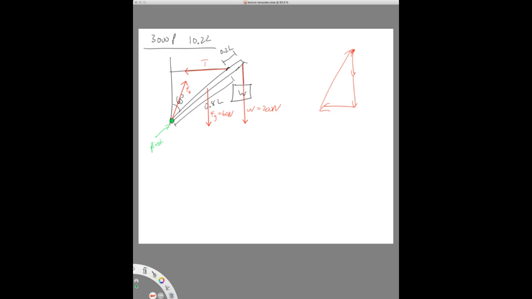Let's see. For RG, we get something going from the pivot up to the center of this rod. For RT, I'm going to do these just in different colors to help us see them a little better. So for RT, I'm using blue for that.